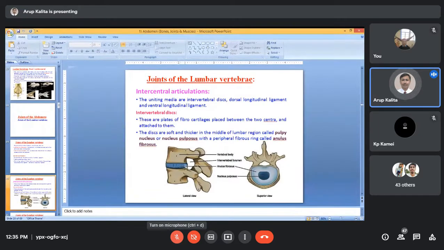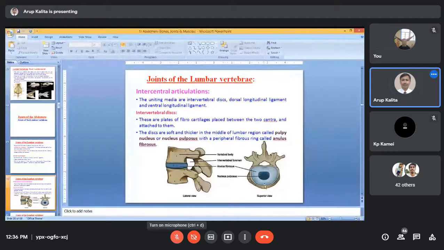In between the bodies of the vertebrae, you will get a fibrocartilaginous disc. This is the intervertebral fibrocartilage. Now this disc looks like this. Peripherally it is thicker, called annulus fibrosus, and centrally it is thinner, known as nucleus pulposus.